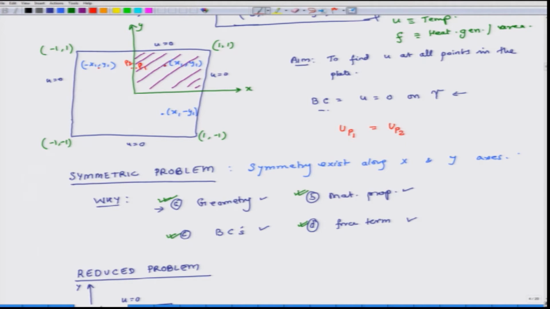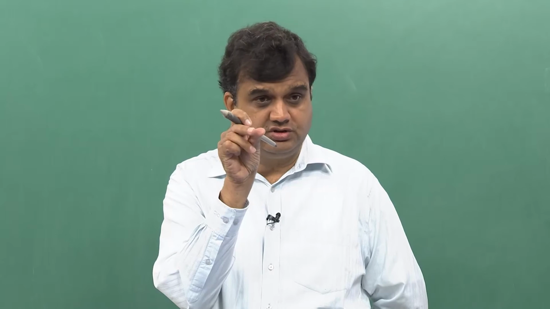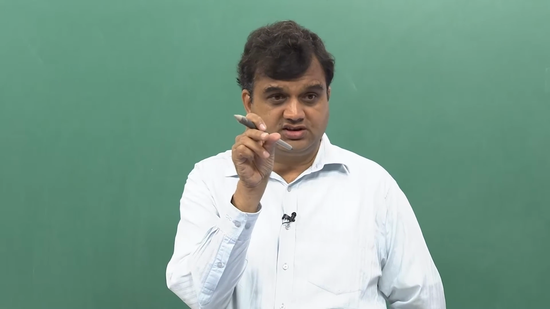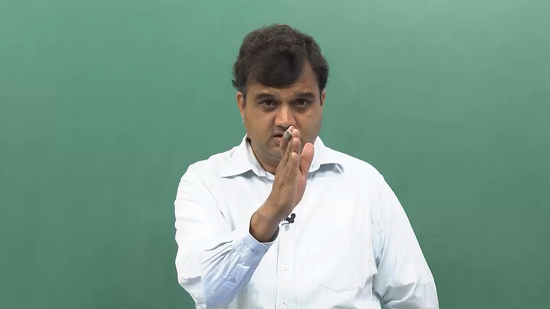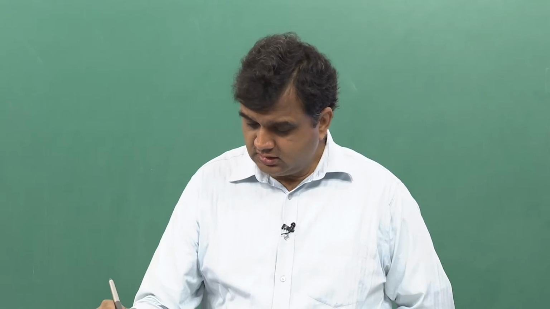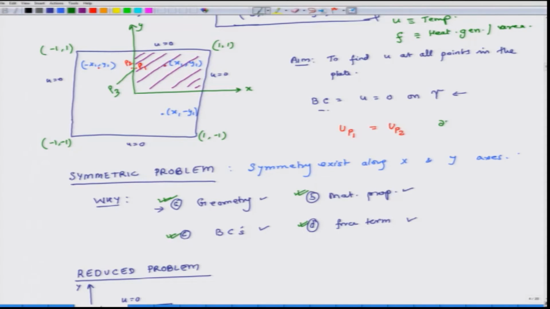It is the same thing we have said so many times, because of symmetry. Which means what? If these 2 points are extremely close to each other, let us say the midpoint is this P3 at the center, then what is the value of del u over del x at point P3? What will be the value? 0, right, it will be 0.